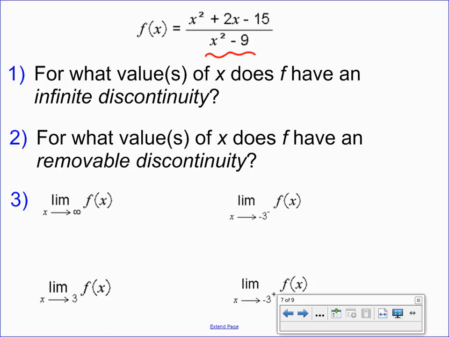And so if I set my denominator equal to 0, are there any values of x for which the function is undefined? Absolutely. We could solve this and get x squared equals 9, so x equals plus or minus 3 are my problem areas.